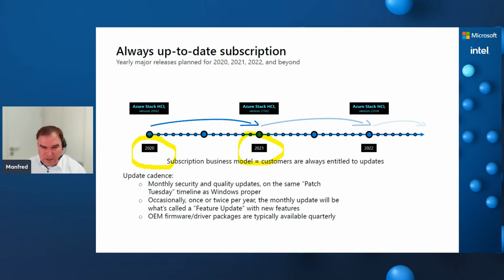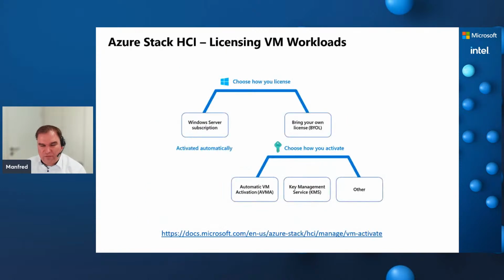This means you need to ensure that your physical host has a server licensing option that allows you to run virtual Windows Server machines on this Azure Stack HCI cluster. And this can be done via the Windows Server subscription via Azure. This is relatively new, this option. So you can decide for also subscribing for the Windows Server license via Azure.